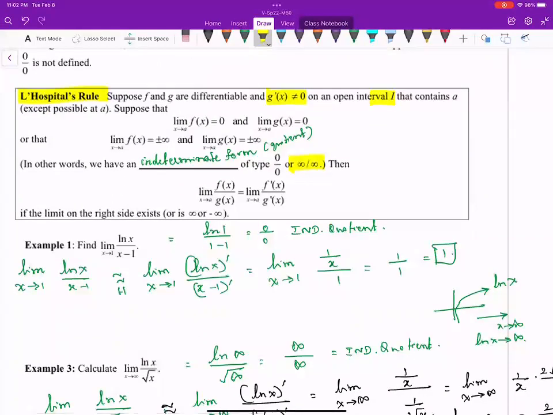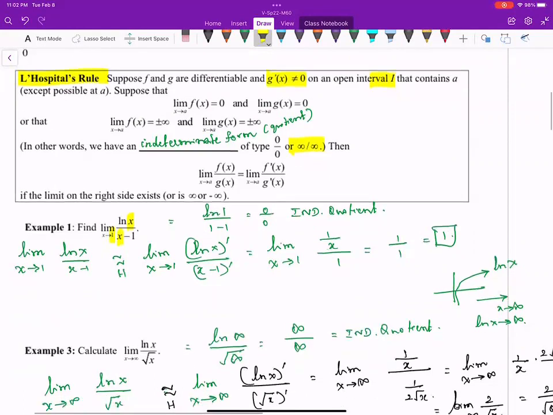Let's say example 1, the limit as x approaching 1 of ln of x over x minus 1. If you directly plug in x equal to 1, it becomes ln 1 over 1 minus 1, which is 0 over 0, an indeterminate quotient. Now we are allowed to apply L'Hopital's rule. That's how we apply it. We write the limit as x approaching 1 of the derivative of the numerator, the derivative of ln x, over the derivative of x minus 1.